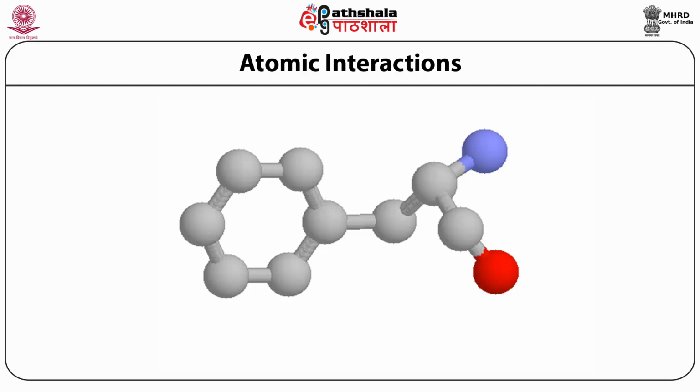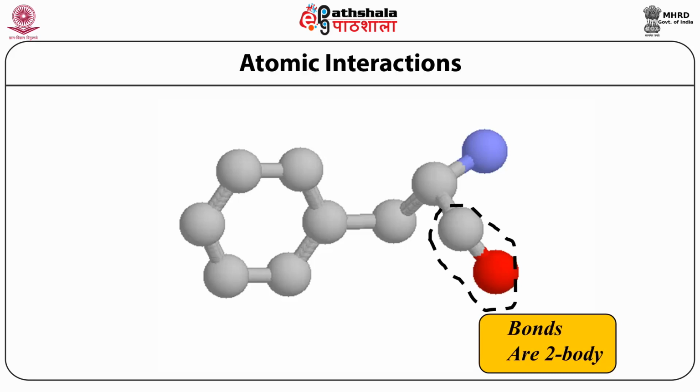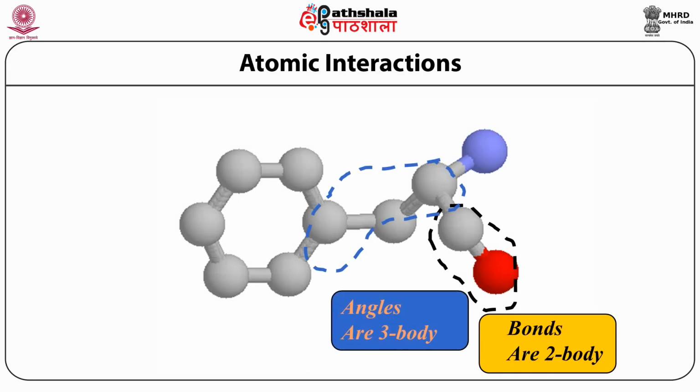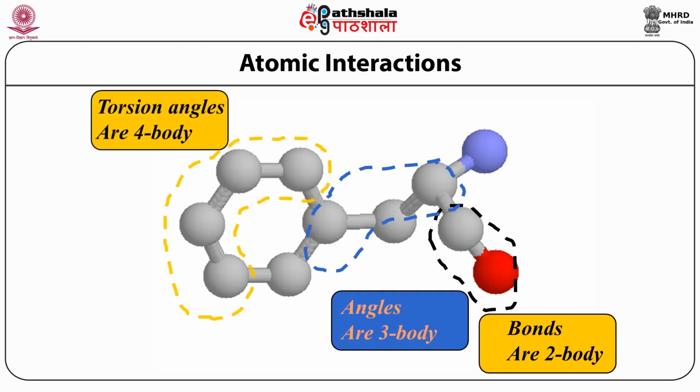If we want to define the intra-atomic or bonded interactions, then the bonds are two-body problems. The angles are three-body problems, like the angle between C alpha, C beta, and C gamma. Torsion is another, a four-body problem, depicted by the ring structure.